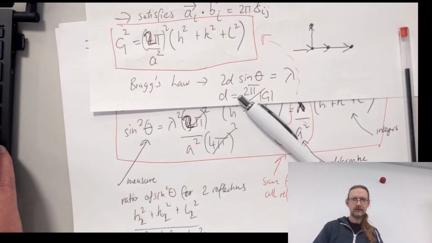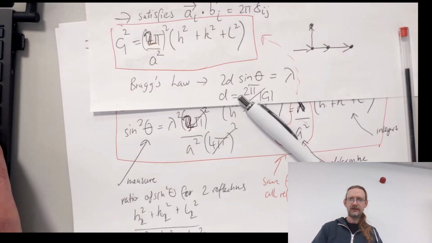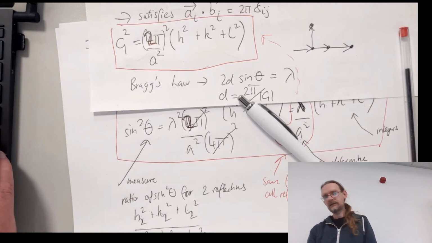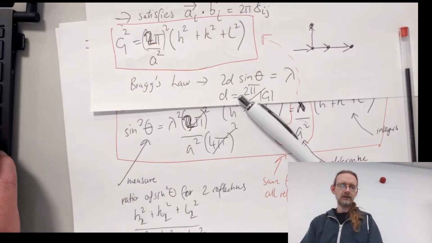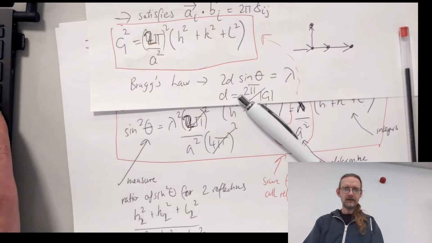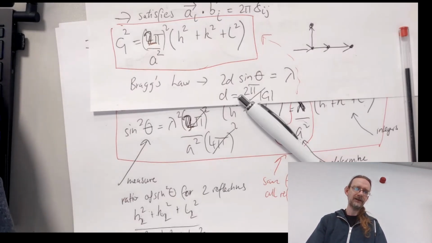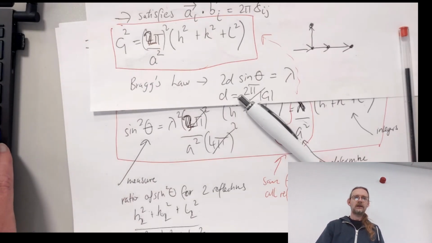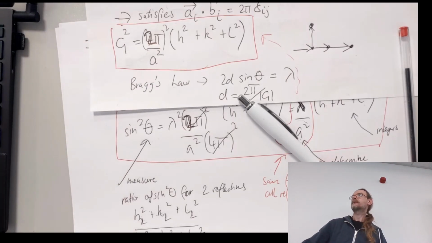The only way for this to make sense is if this is a poor measurement. This ratio must be, if we've done it right, the ratio of 2 integers.